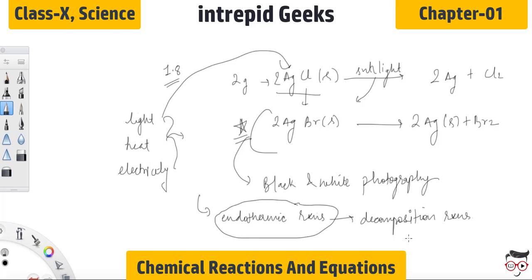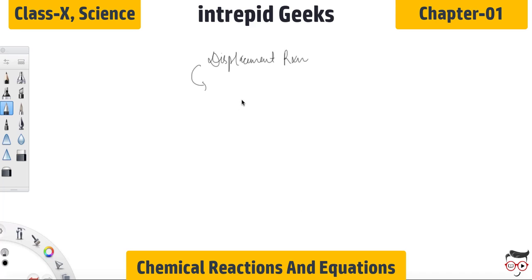So students, those reactions in which heat is liberated are known as exothermic reactions, and those reactions in which heat is supplied are known as endothermic reactions. Now the next type of reaction is displacement reaction. As the word suggests, displacement, in these types of reactions one substance, or you can say one element, replaces another element and forms a new compound.